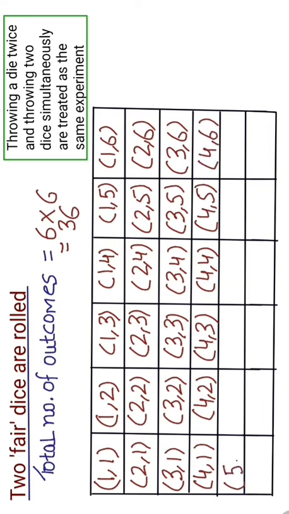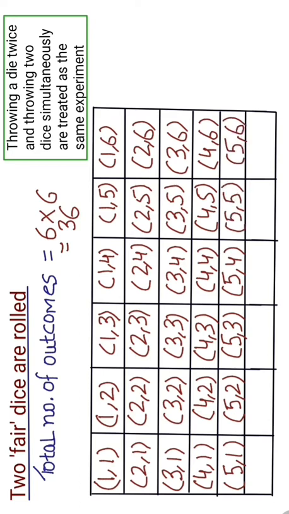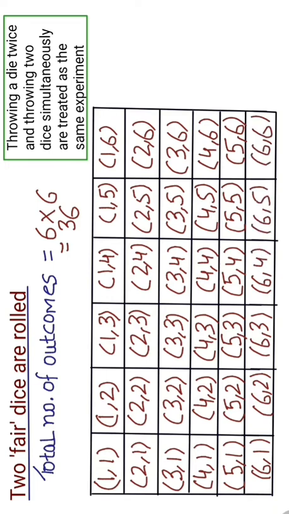Then 5 comma 1 through 5 comma 6, and 6 comma 1 through 6 comma 6. So these are the 36 possible outcomes when 2 fair dice are rolled.